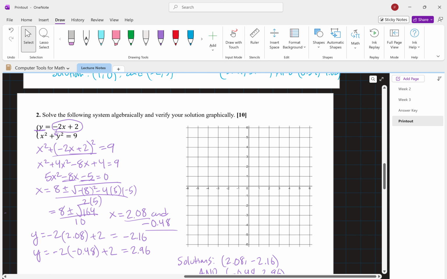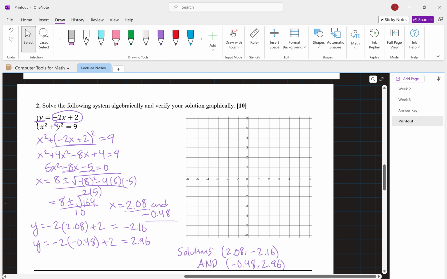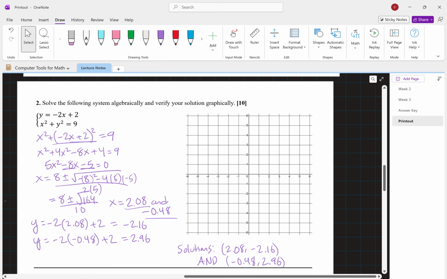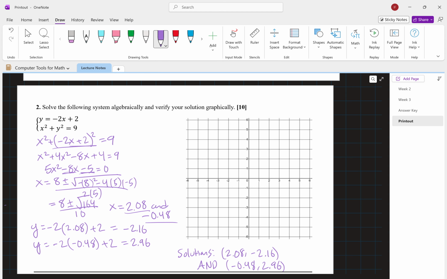So here we're going to have to verify the solution graphically. So we're going to simply sketch out our two equations here on our system, and the solution to that system of equations will be where the graphs intercept each other. So let's look here. Our first equation is negative 2x plus 2.